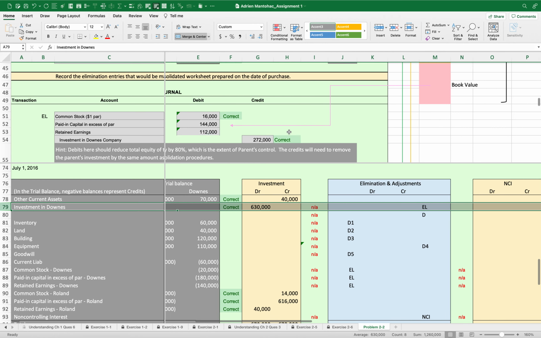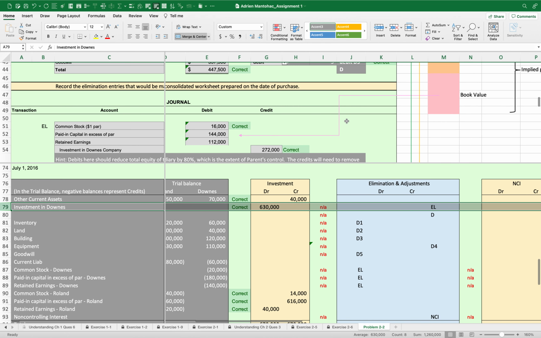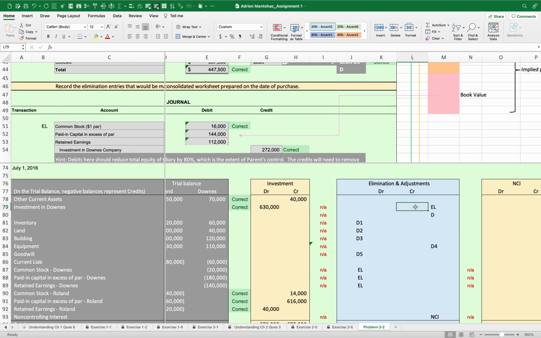So let's take a look at the elimination entry next. We then said, all right, in the elimination and adjustment entries, we want to get rid of the 272,000 investment in Downs. So investment in Downs credits for 272,000.